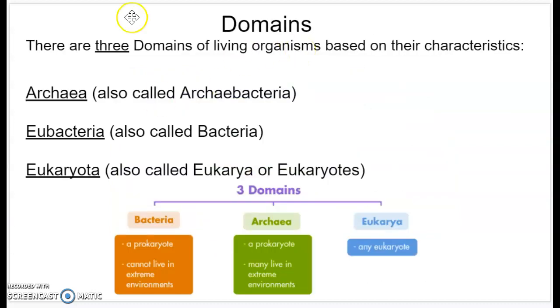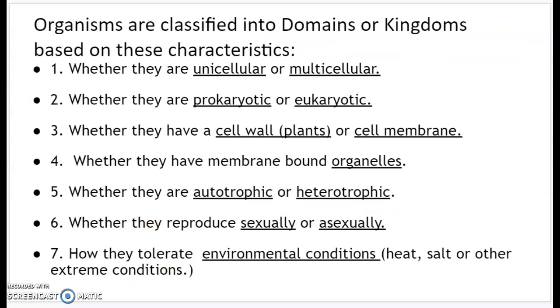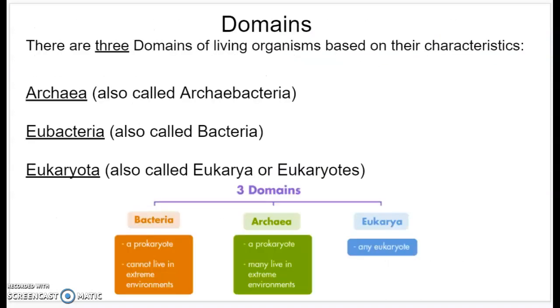So, there are 3 domains of living organisms based on their characteristics, based on these questions that we talked about. The answers to those help us organize it into 3 domains. So we have archaea, sometimes called archaeobacteria. We have the eubacteria, also called bacteria sometimes.